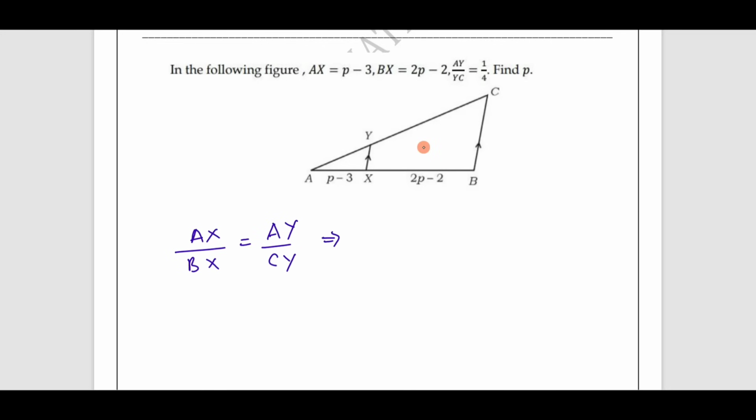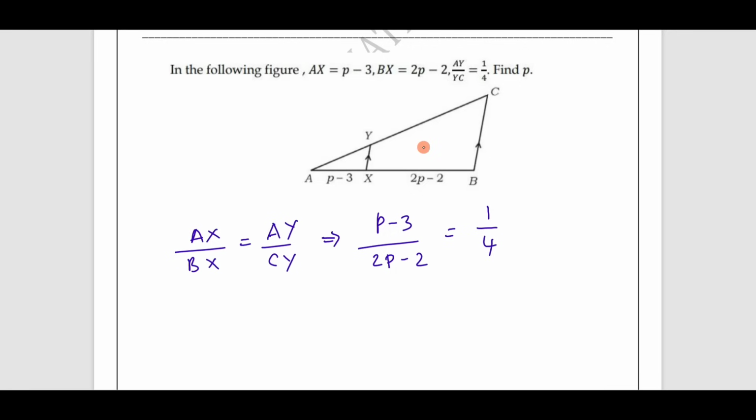Because XY is parallel to BC. That means a line is drawn parallel to one side of a triangle. Therefore, the sides are divided in the proportion. What is AX? AX is p minus 3. What is BX? 2p minus 2. AY by YC is 1 by 4.